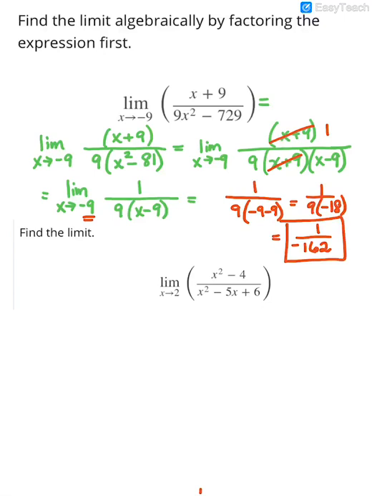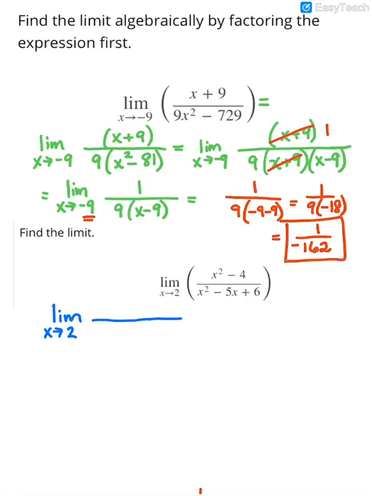Okay, so on this next one, again, if you tried plugging in 2, notice you're going to get, on top, 4 minus 4 is 0. On bottom, you're going to get 4 minus 10, which would be -6, plus 6 is 0. So again, 0 divided by 0 does not exist. And so in that case, we will try to factor.